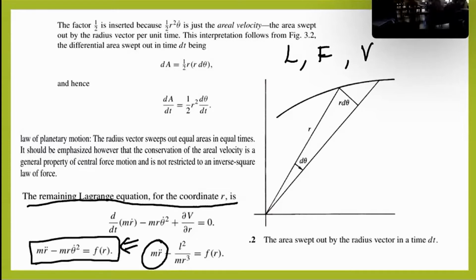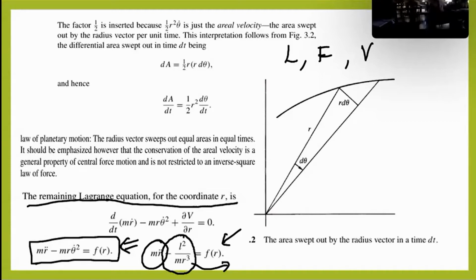This is simply m a, the external force. However, this term, minus L squared by m r cube, is also present in my central force term Fr. This will be contributing and affecting the motion.